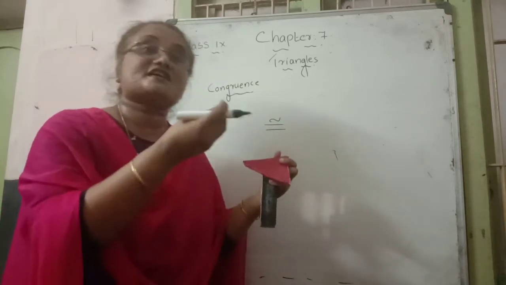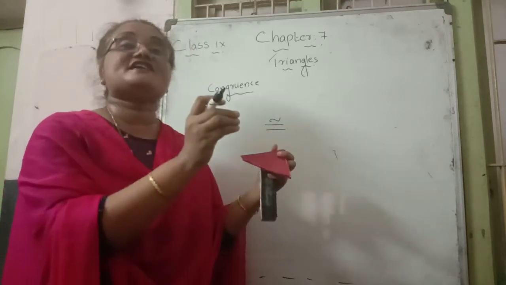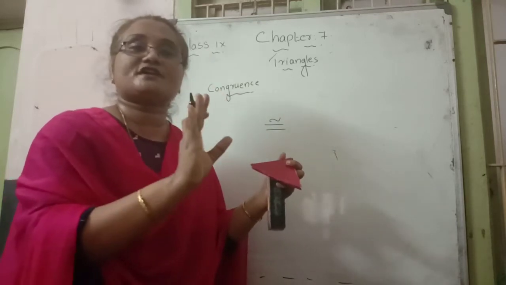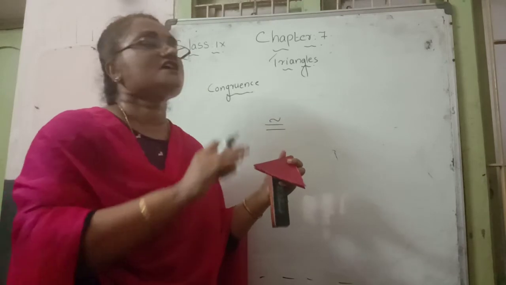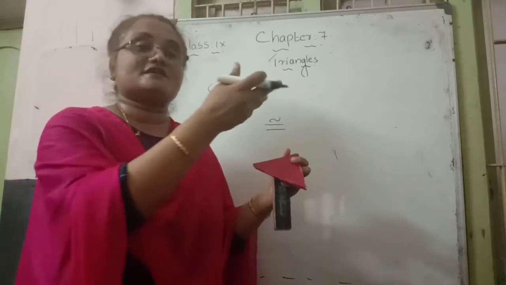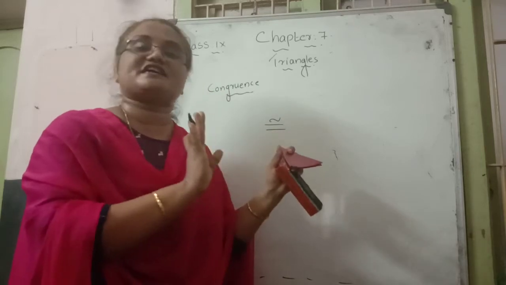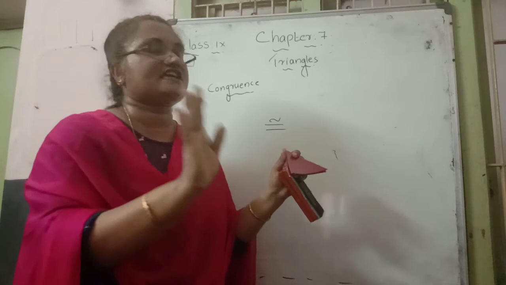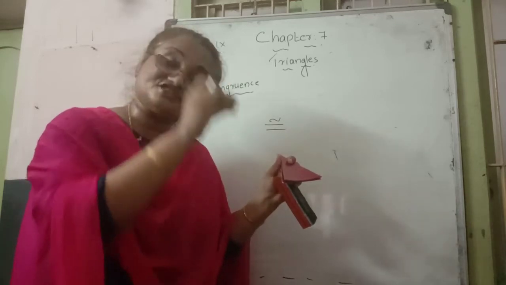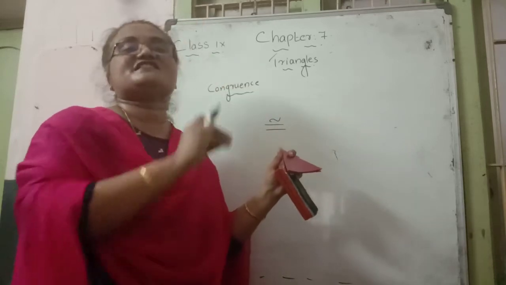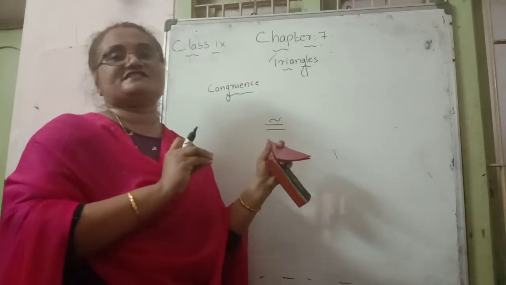Example, circle case also: two circles of the same radius, we can say they are not different. If one is a 5 centimeter radius circle and another is 7 centimeter radius, the shape is okay, they are circle shape only, but the sizes are different. Then we can say they are not congruent. Size the same and shape the same, then only we can say they are congruent.